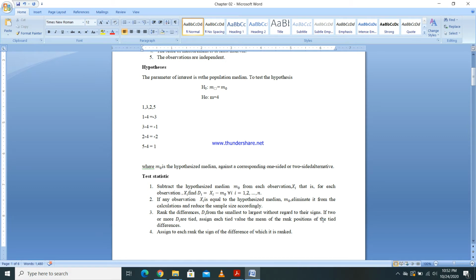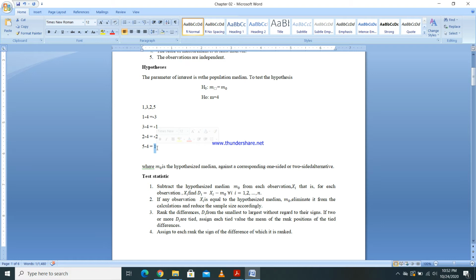So that is, we are taking the absolute value of these differences and then we are going to rank them. So what will happen if you have the same difference value? Now if you look at this example, you can see here you have minus 1, here you have plus 1, right? So when you take the absolute value of minus 1 and plus 1, both are the same.